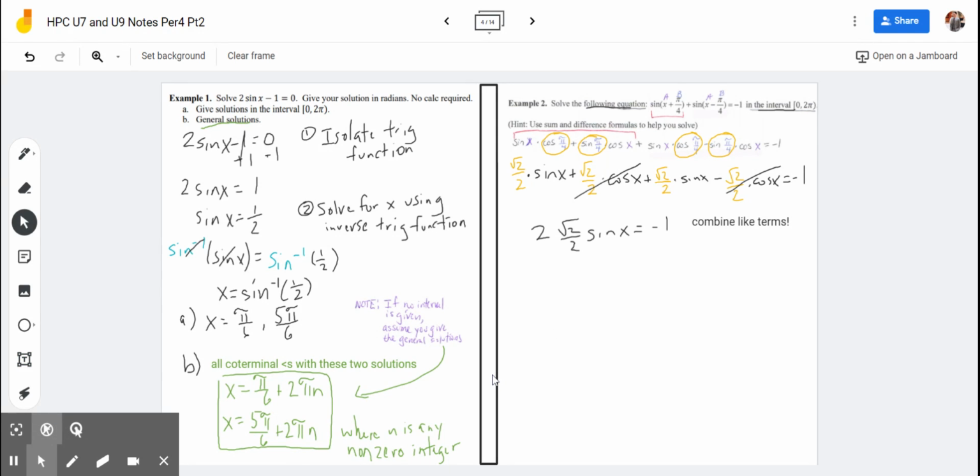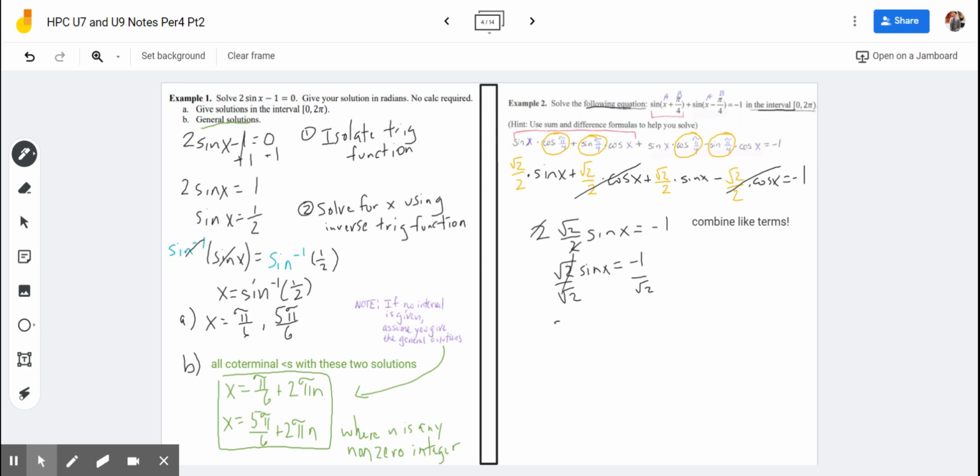The 2's here will cancel out, and you're just left with radical 2 sine x equals -1. And then we're going to isolate the trig function, just like what we did before, and divide by radical 2 on both sides. Sine x equals -1 over radical 2.